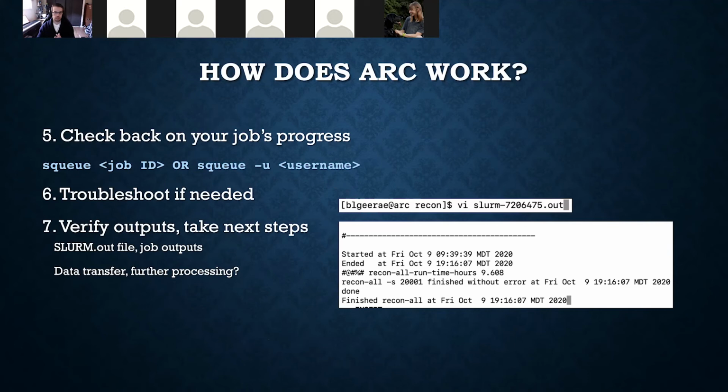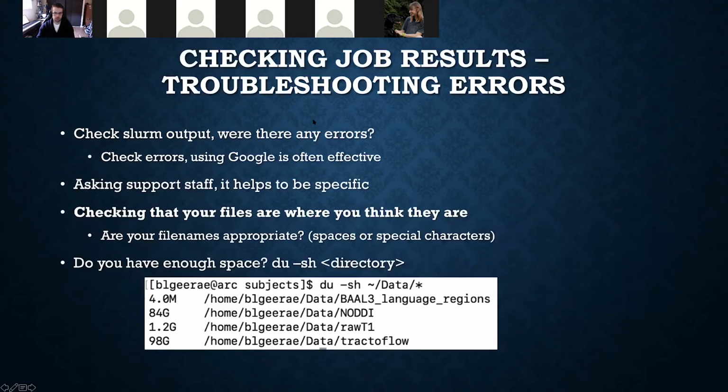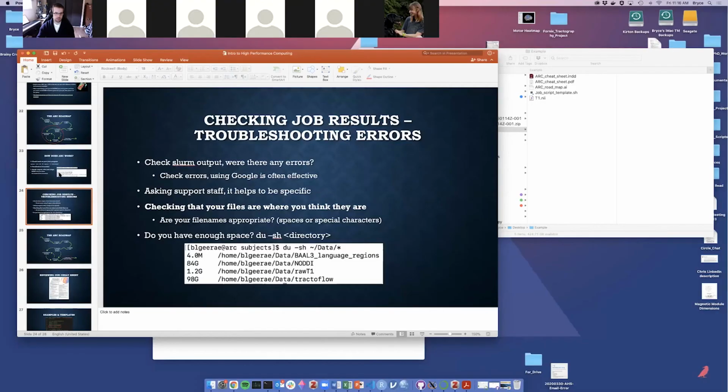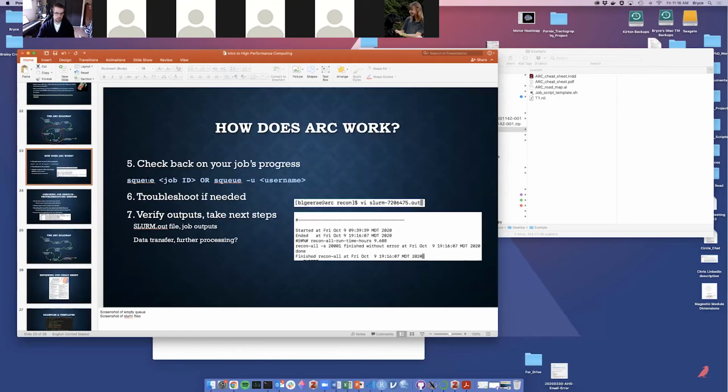If you want to see how many resources, how much RAM is being used, for a specific job, instead of using SQ with a job ID, you actually use saccount with the job ID. Let me exit PowerPoint, because I've done that enough today, and change this so we actually know what we're talking about. Also make this more capitalized while we're at it.